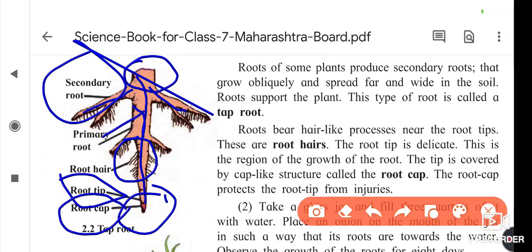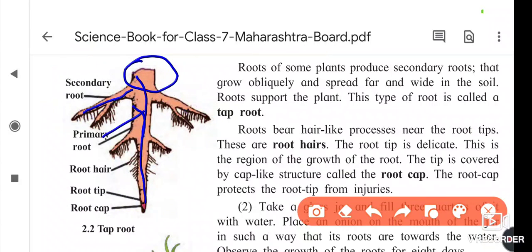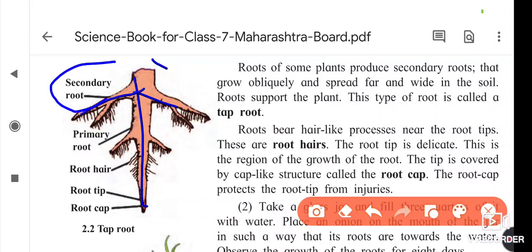Again we saw the different parts of a taproot. This is the main root or primary root, from where the secondary roots spread, and on the secondary roots we have different root hairs. Through the hair, food and nutrients are soaked into the root.